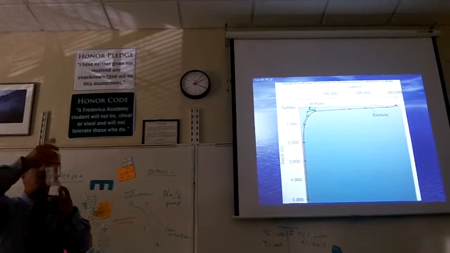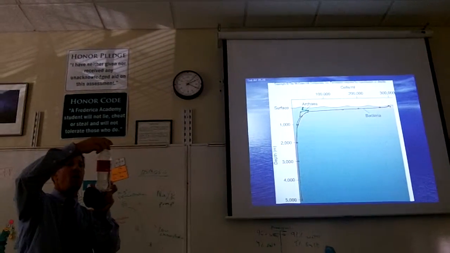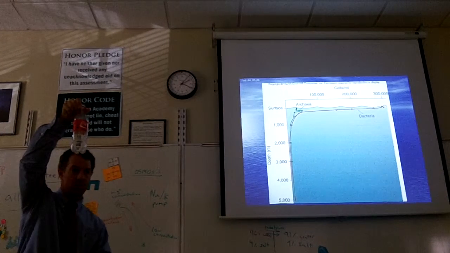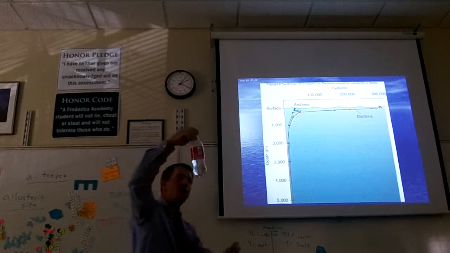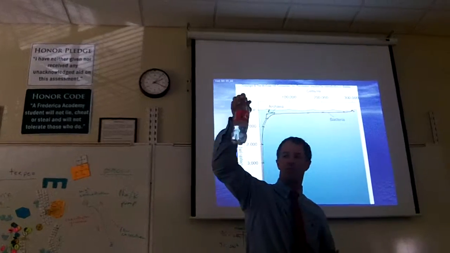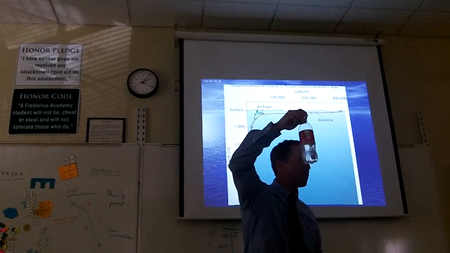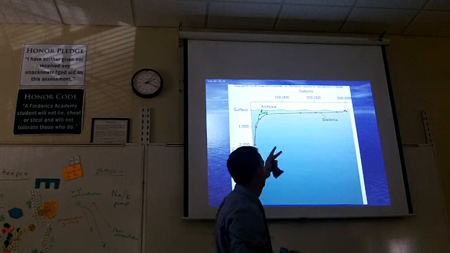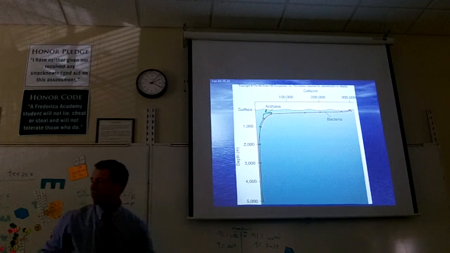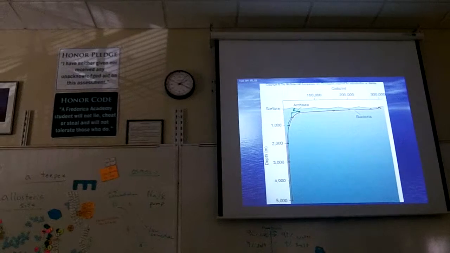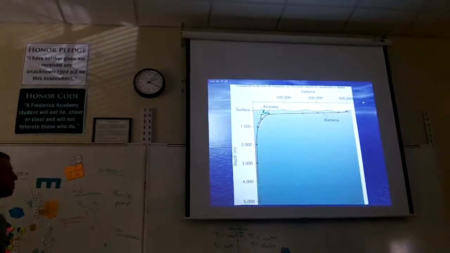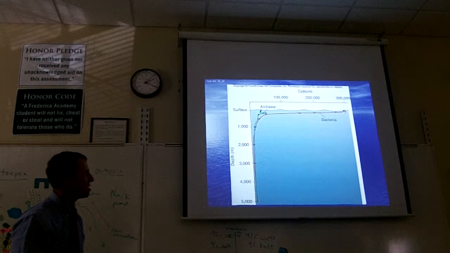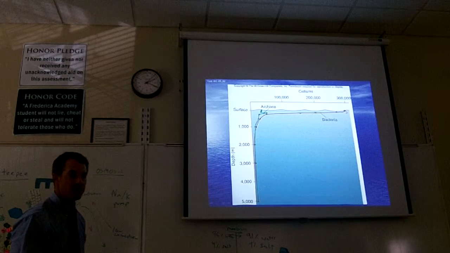For instance, this Coke bottle holds 500 milliliters. So 1/500th of this, which is probably about 20 drops of ocean water, has about 300,000 bacteria in it. So you can imagine what the population of bacteria is in the ocean from that measurement. It's huge.